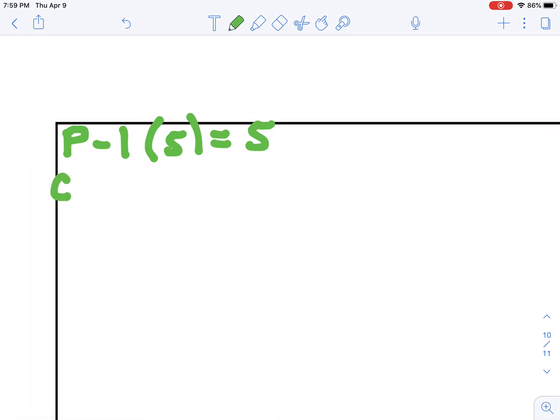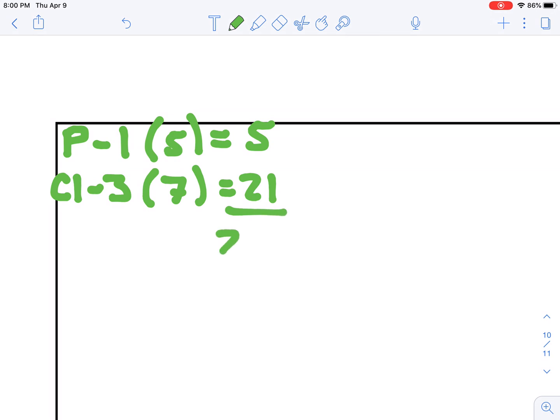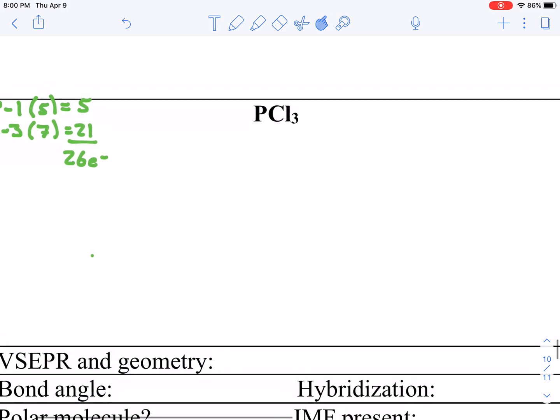So we have Cl, there are 3 of those. There are 7 valence electrons for chlorine. 3 times 7 gives us 21. If you add those together, we need a grand total of 26 electrons represented on our Lewis structure.